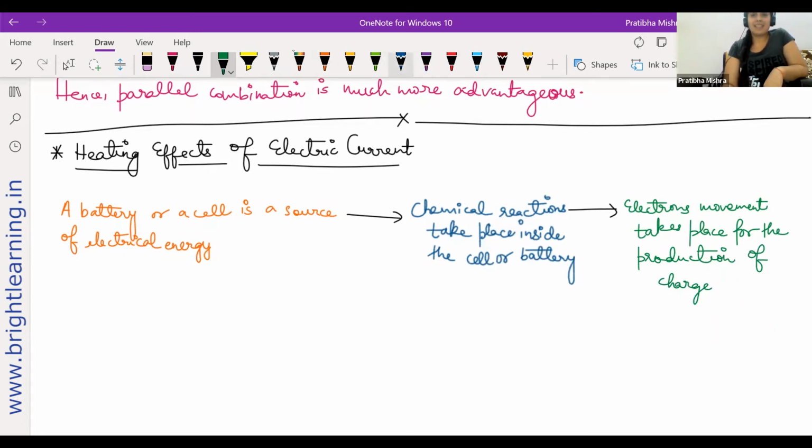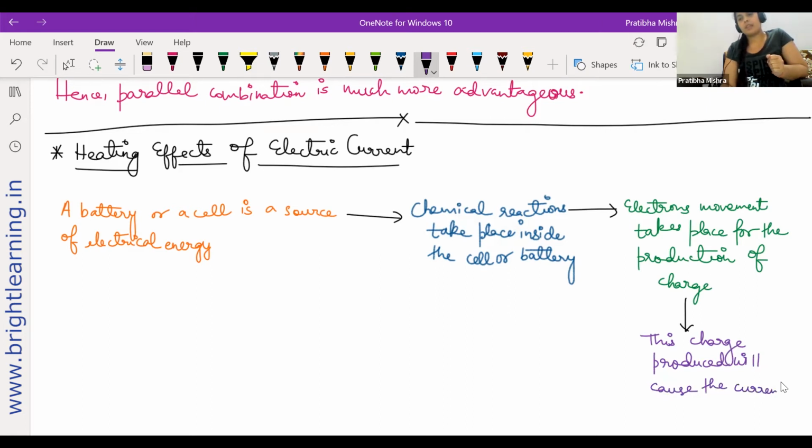Okay, then what happens after the charge is produced? We will write down here that this charge which is getting produced will nothing but cause the current to flow.